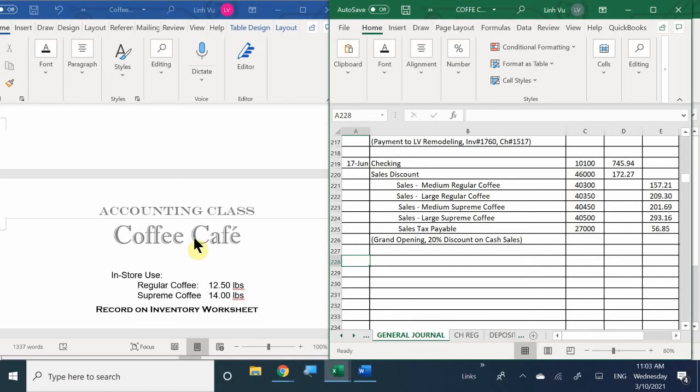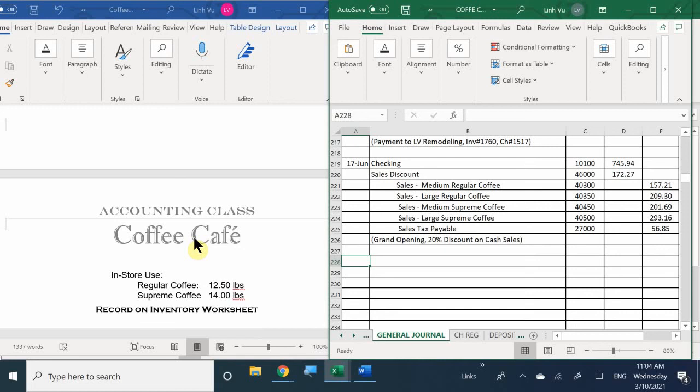So let's look at this first. From just using those coffee to make the coffee, right? I took the coffee grinds by the pound, and I end up making all those coffees, and it took me a grand total of 12 and a half pounds of the regular coffee and 14 pounds of the Supreme coffee.